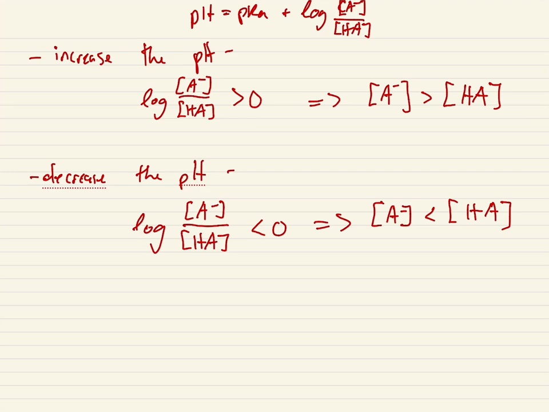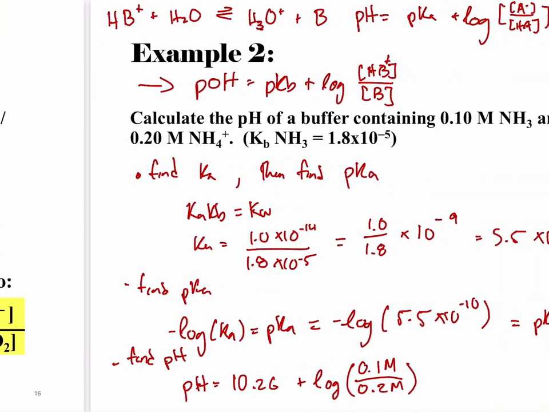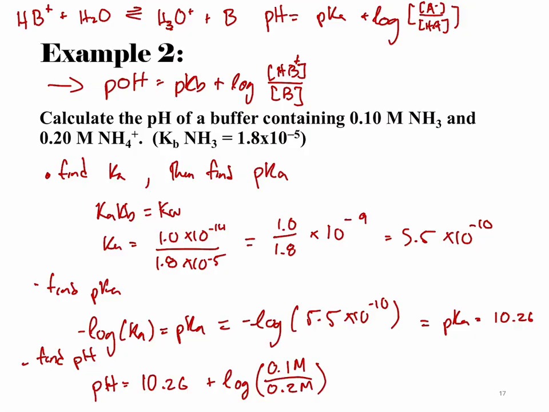Because we have more of the acid than we do the conjugate base. In this case, we have more of the conjugate acid than we do the weak base. So that means that the pH of this solution will be less than or more than 10. It should be less than, right? And you should get something about 9.96 is what the pH of this solution should be.